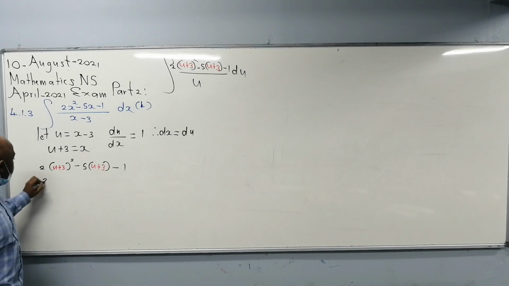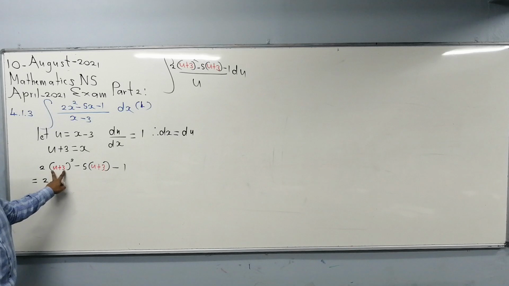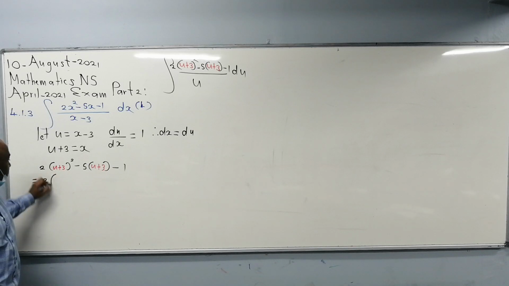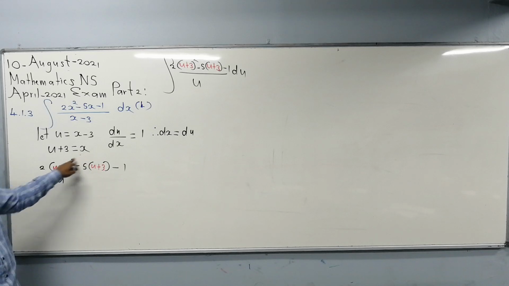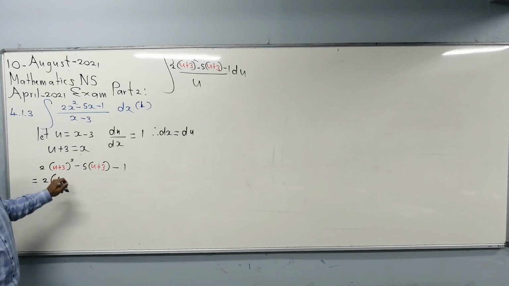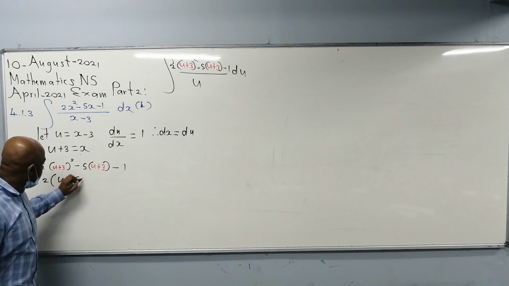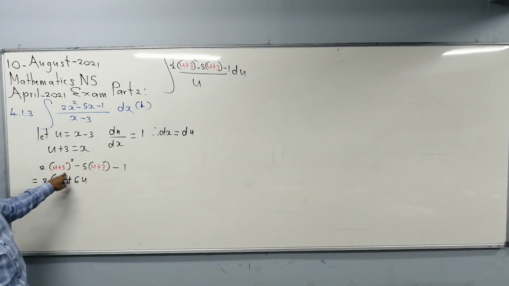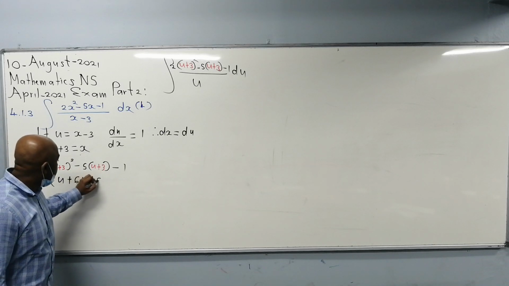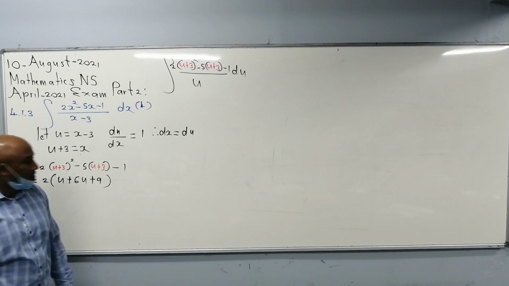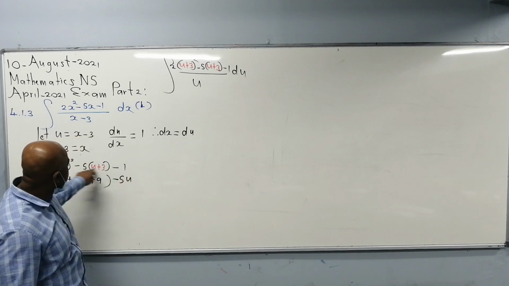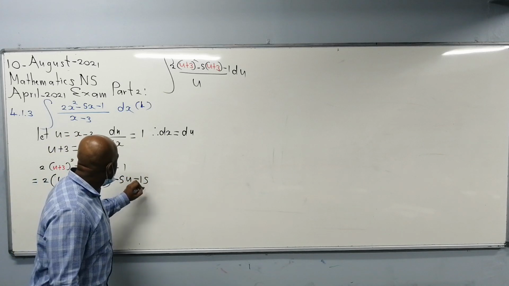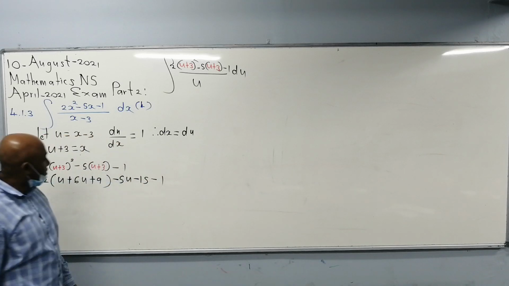If I square a binomial, I square the first term, so that's u squared. The middle term will be 2 times term 1 times term 2, so that's plus 6u. The last term will be 3 squared, which is 9. That's squaring. Then minus 5 times u, minus 5u. Minus 5 times 3, minus 15. And then I still have my minus 1.